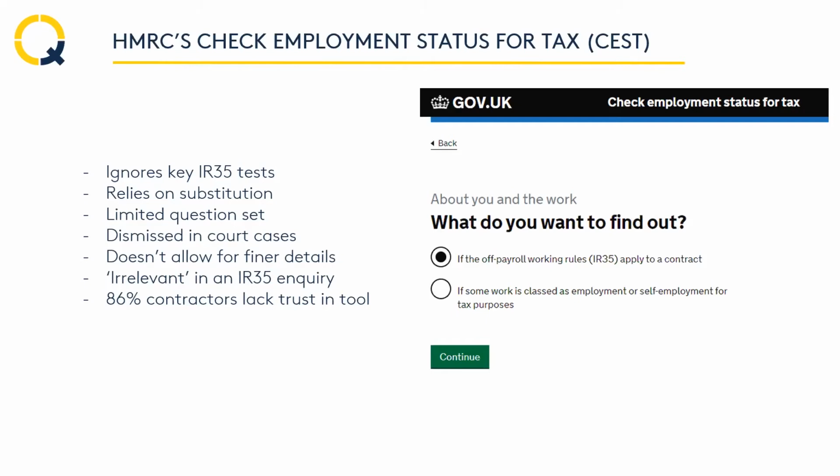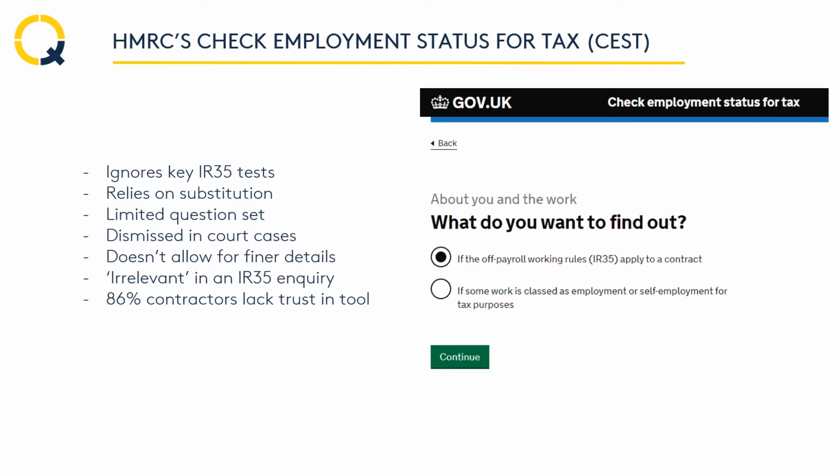And there are even instances of HMRC arguing that the results of a CEST test shouldn't be counted on because it wasn't reliable. It's their own tool and they don't think it's reliable. It doesn't allow for the finer details around working practices, etc. And it is pretty much irrelevant in an IR35 inquiry, because HMRC will say they will stand by the result of a CEST test, providing you've answered the questions correctly.